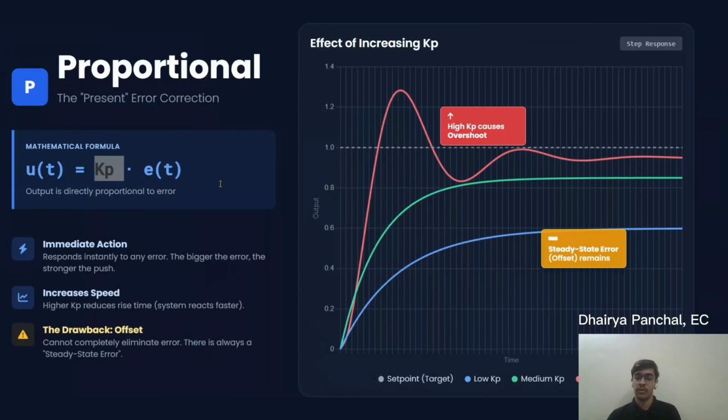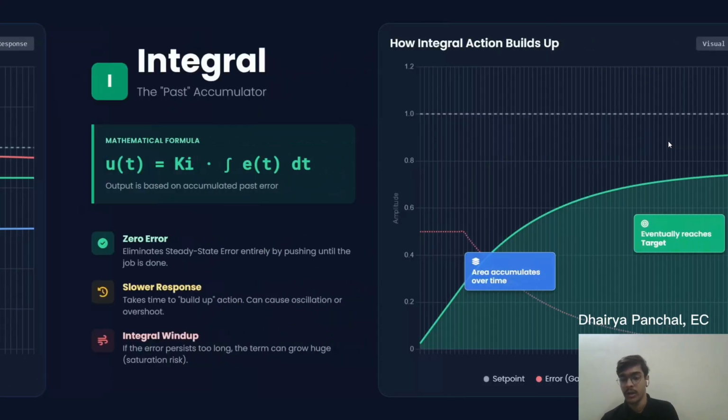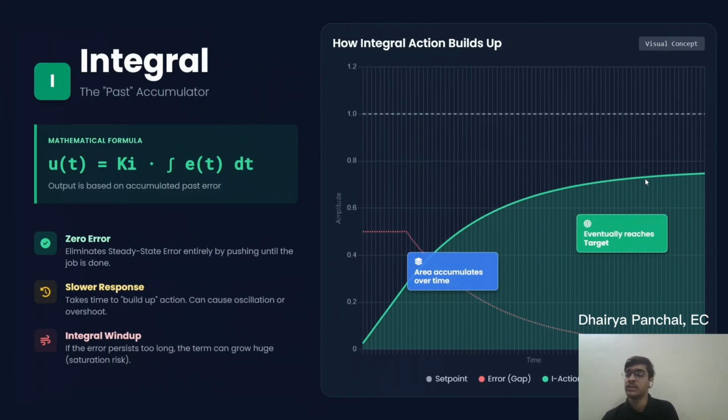As we observed in the proportional controller, the system for a very high Kp value would overshoot from your set point value and oscillate about your set point. But an integral controller would never oscillate. It has a very slow response that just leads to it reaching the set point value, but at a very long time. So you can see the advantage of an integral controller is that it eliminates steady state error entirely. So your system would reach the set point value that you desire, but the limitation is that it is slow.